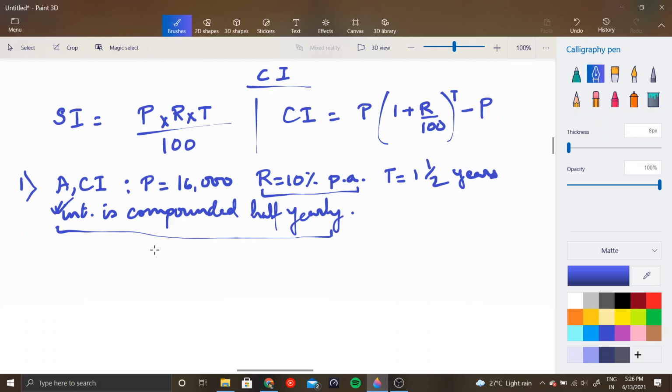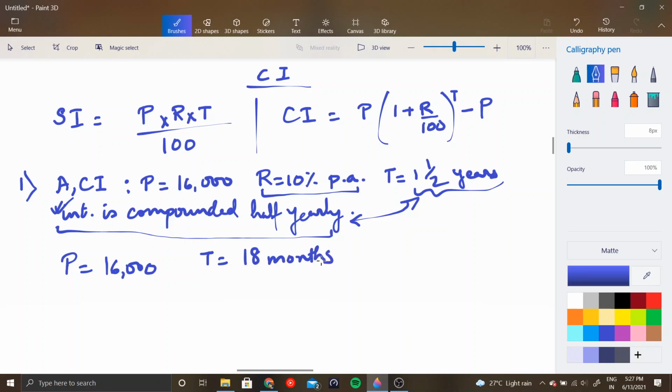So in that case, what the changes will be in the question, let us first look into this, okay? So the principal is 16,000, okay? Now the time is basically 1.5 years. So let's first convert the time into the unit, that is basically the compounding rate, okay? So 1.5 years is basically 12 months and 6 months, that is 18 months, right?